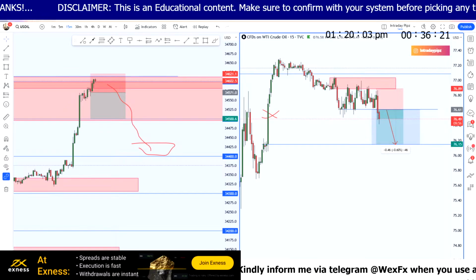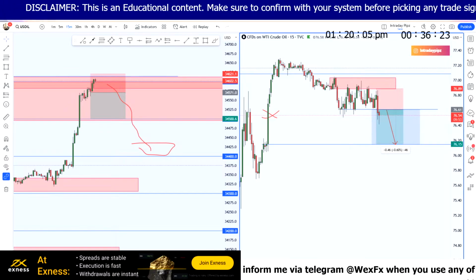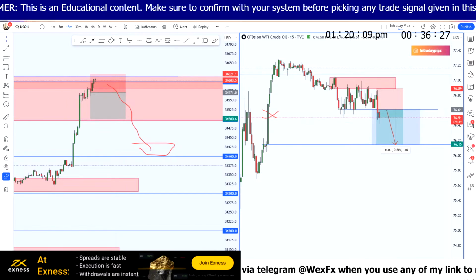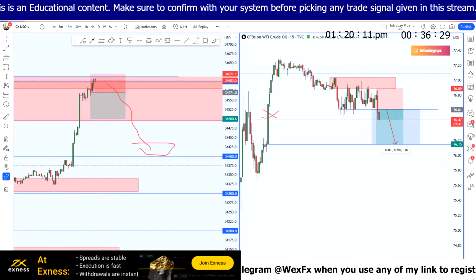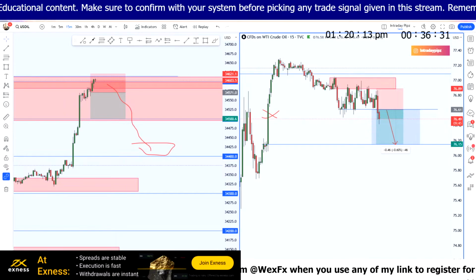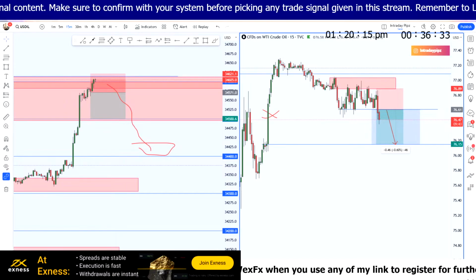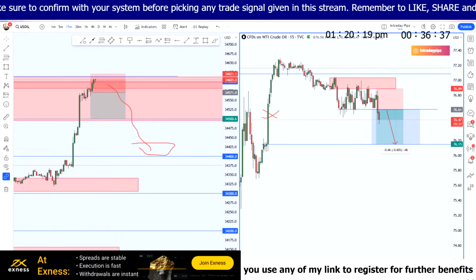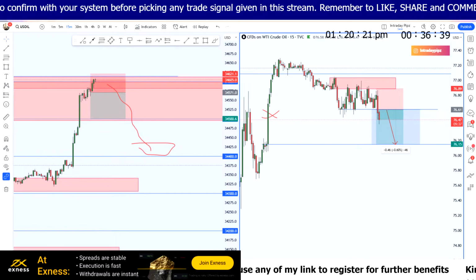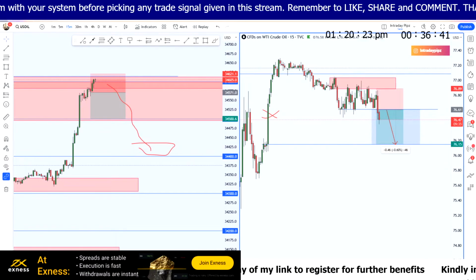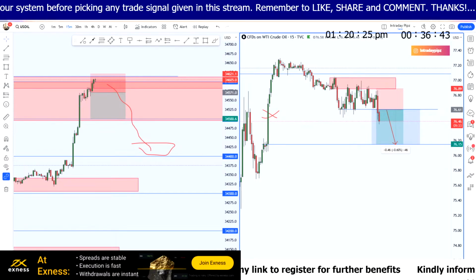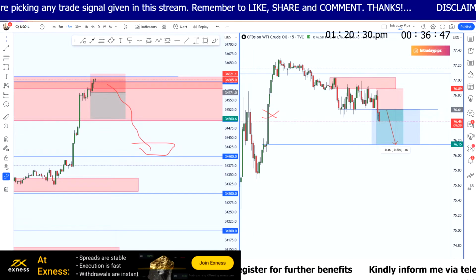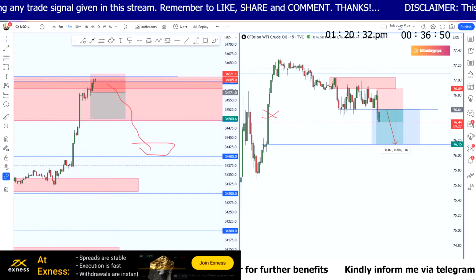But if you are following the setup I've given, let's try as much as possible to follow it as it is given so that you do not get yourself hurt. So that if the trade ends up in a loss, you're going to lose maybe 40 pips. Then maybe you enter late and the trade ends up in a loss and you're losing maybe 60, 70 pips.